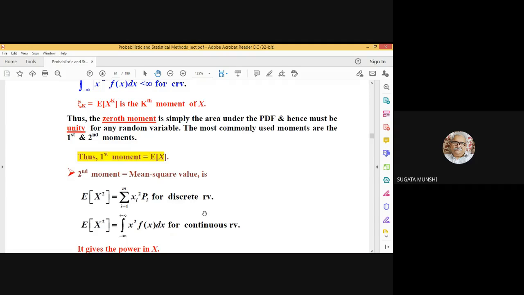So this mean square value gives the power in the random variable, capital X.